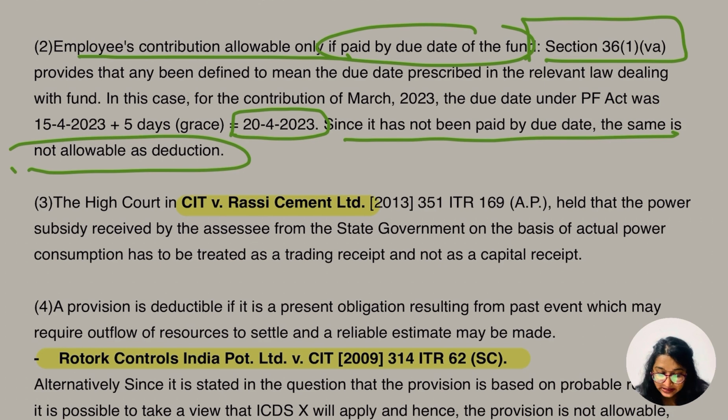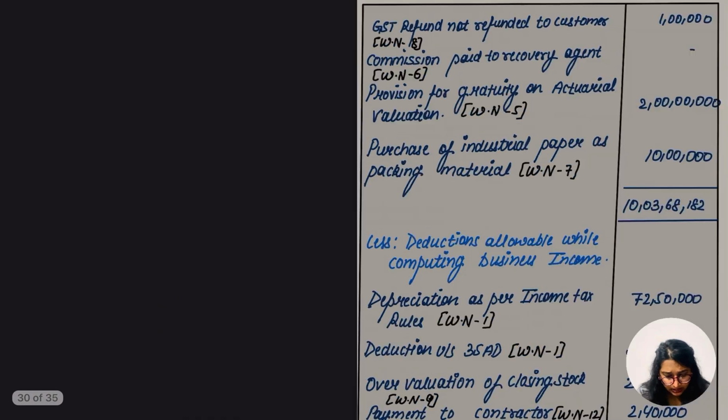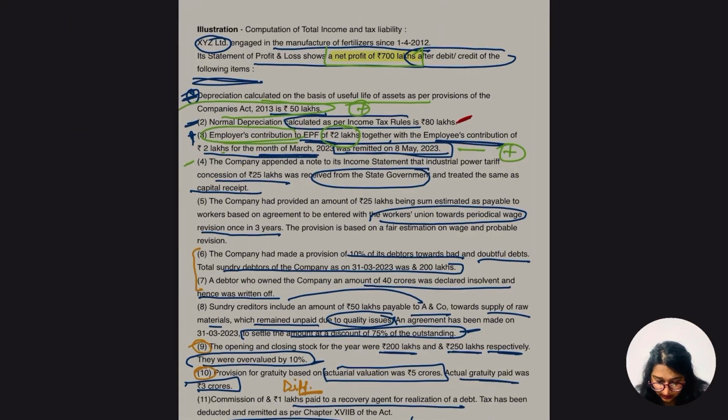The High Court in CIT versus Rasi Cement Limited held that the power subsidy received by the company from the state government on the basis of the actual power consumption has to be treated as a trading receipt, not the capital receipt. So yes, let me read it again. What was given in the question?